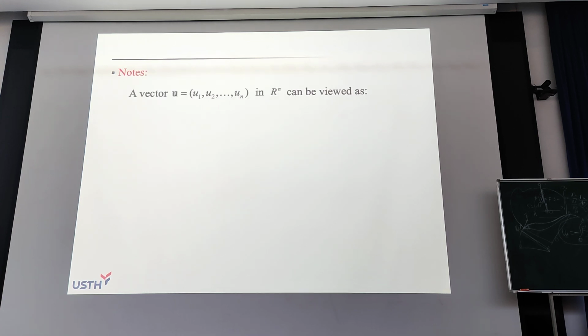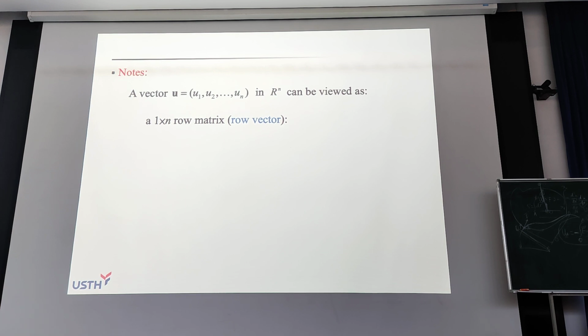Now I should tell you something like that. Up to this point, we study some vector inside R squared. That is a sequence of real numbers. But a sequence of real numbers, we can write it horizontally like that.